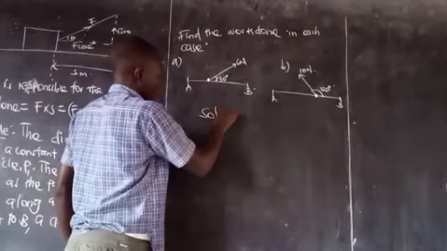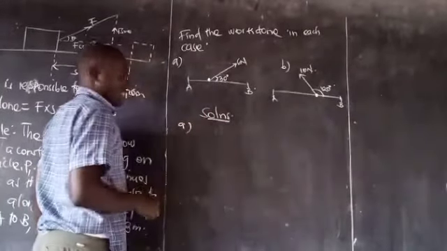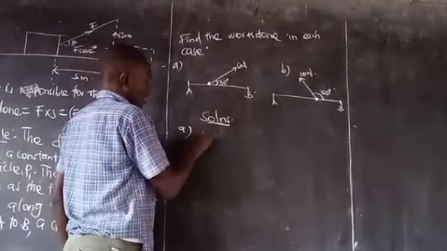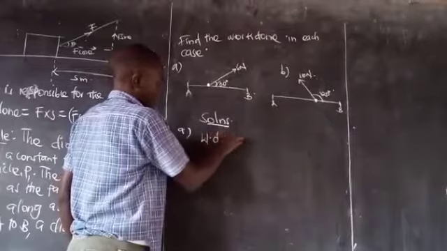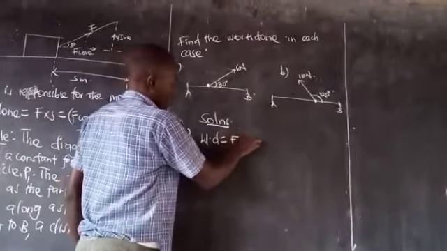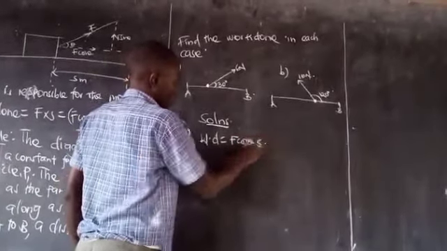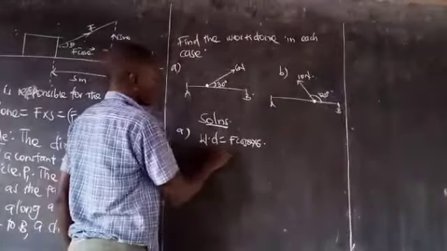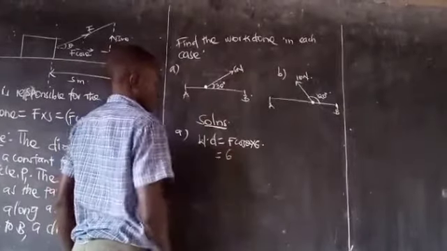Solutions for part A. For part A, we said that if the force acts at a certain angle, then the work done is equal to the force times cos of theta, then times the distance moved. We have the force as 6 newtons.